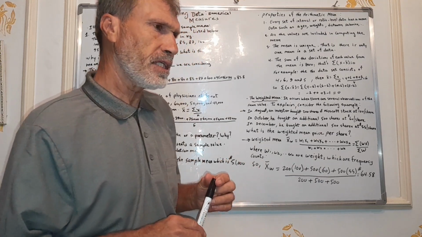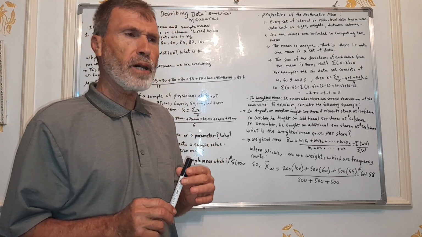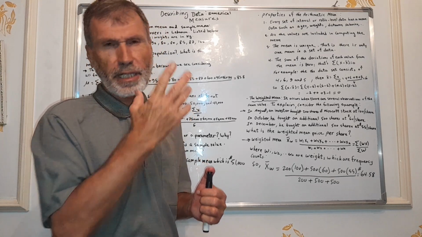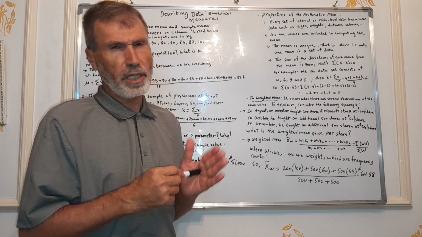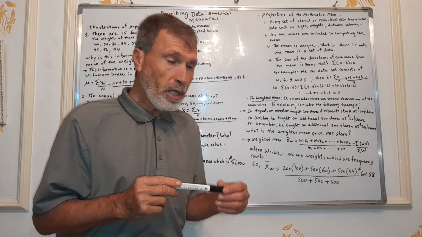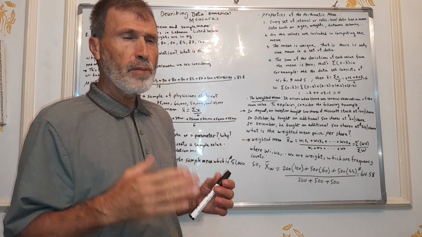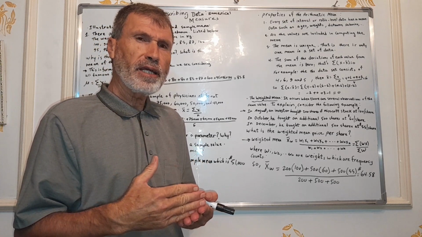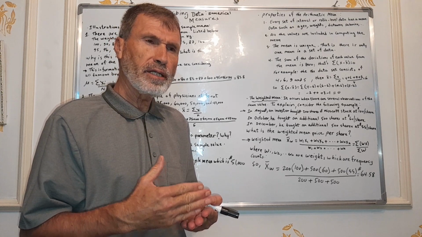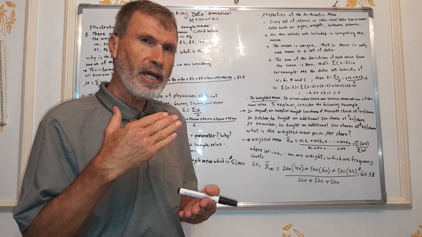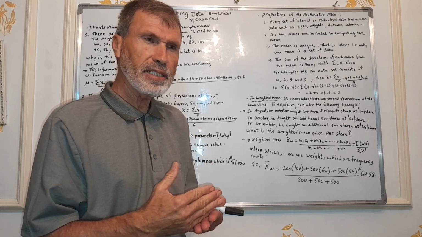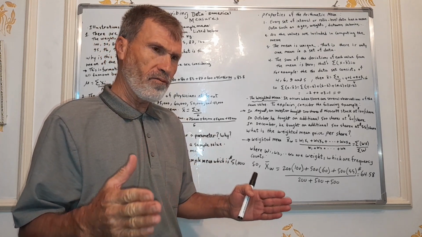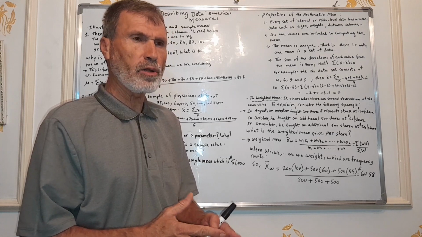Let me just stop here for a second to talk about a weakness of the mean. What is that weakness? Because in the computation of the mean, every value of the item is used, all values are used in the calculation of the mean.